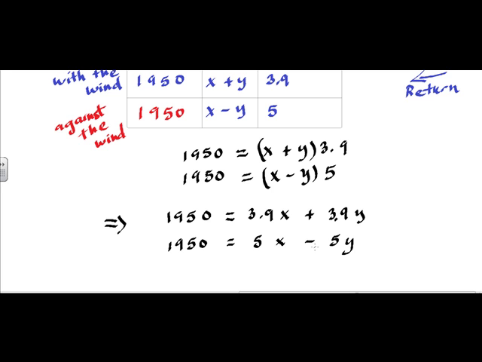Now let's see. I see that 1950 is divisible by 5. Let's call this the first equation and this the second equation. I see that the second equation is divisible by 5, so I take the whole equation and divide by 5.